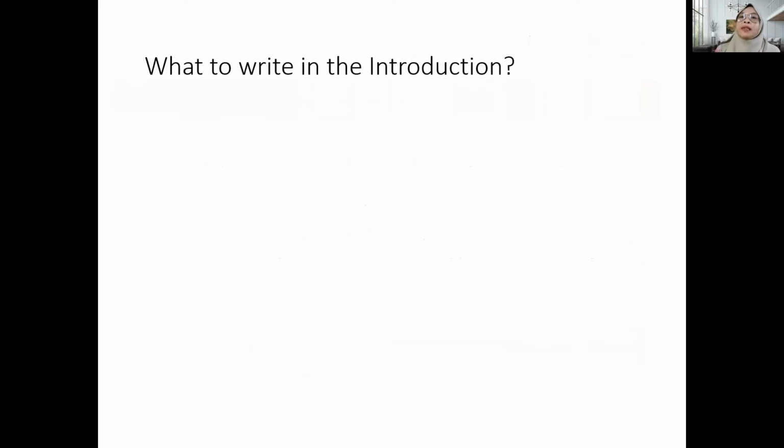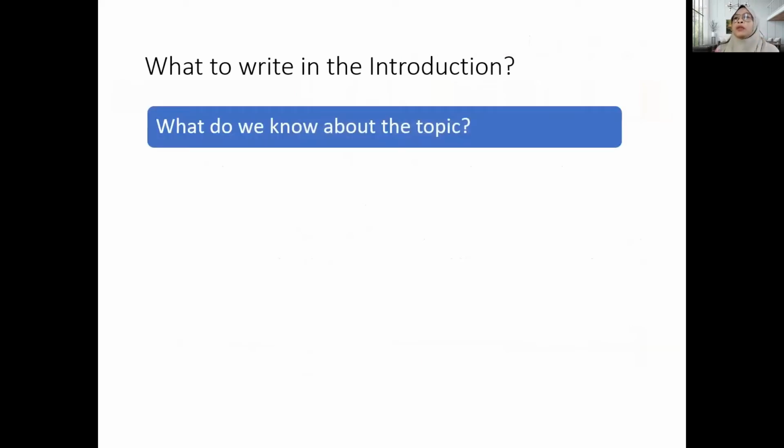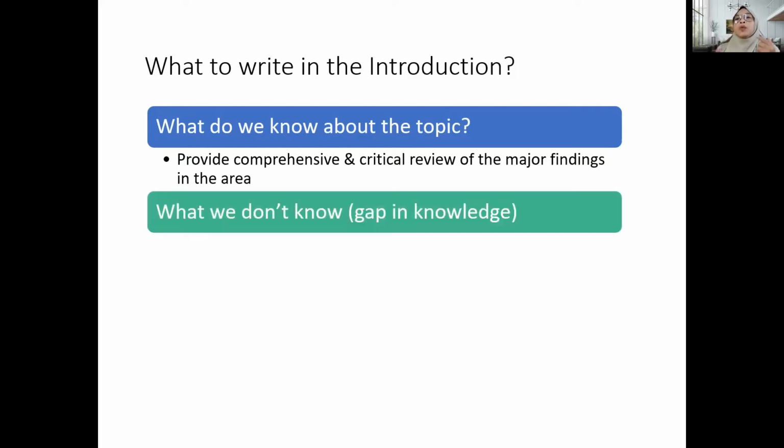So what to write in the introduction? What do we know about the topic? You need to tell the reader what we know about the topic. That means what others have done. Provide a comprehensive and critical review of the major findings in the area. What we don't know, that is the gap in the knowledge. What is still being debated in the literature.